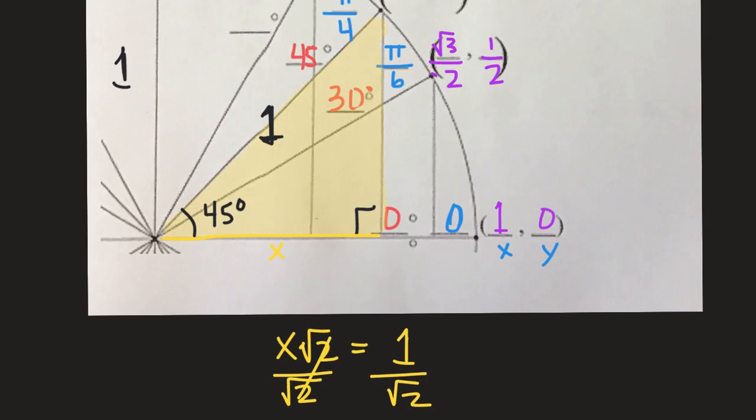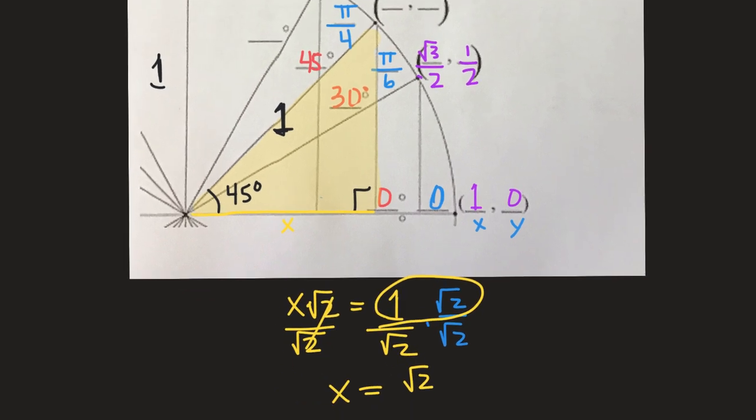Now we're going to do some fancy math here, called rationalizing the denominator, because we don't want to have a radical in our denominator. So when we do that, we get 1 times root 2, which is root 2, and root 2 times root 2, which is 2. So we no longer have a radical in the denominator. We have a normal number.